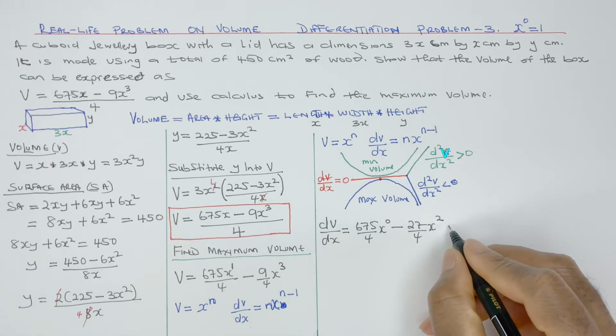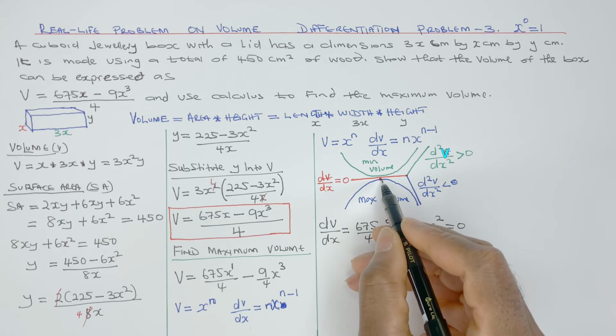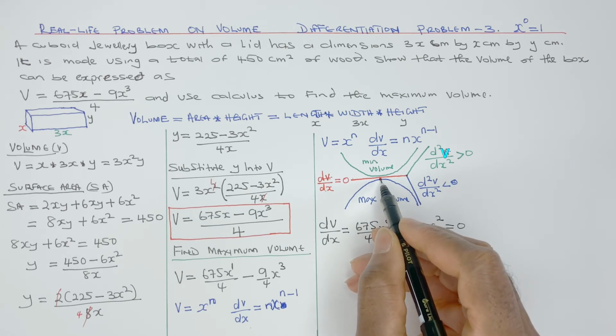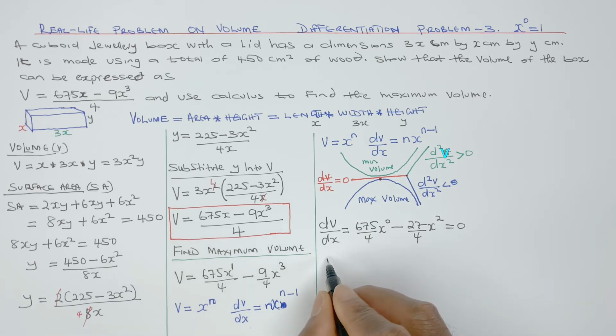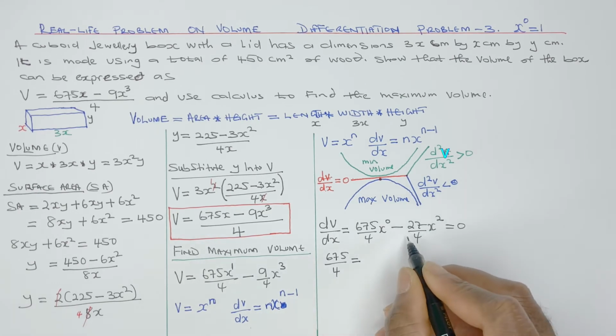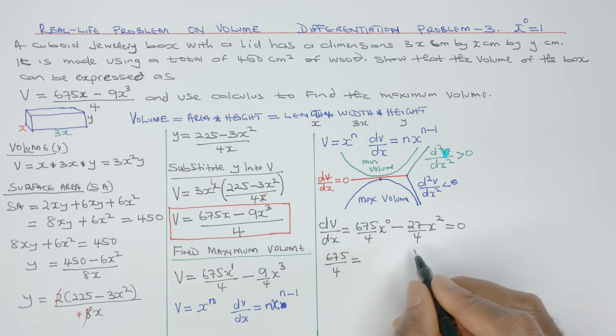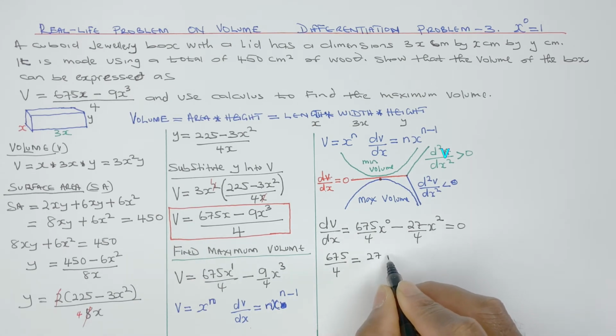But let's set this to 0 first, because at the turning point or at the stationary point, dV/dx equals 0. So therefore we have, well, x to the power 0 is 1, so we got 675 over 4 equals, by moving that to the right, 27 x squared over 4.